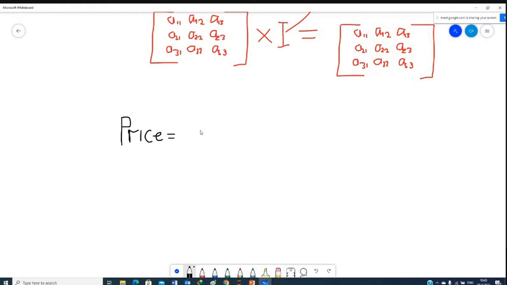So let's say it's equal to some factor alpha 1 multiplied by the size in square meters, right? One of the factors is possibly the size of the land.